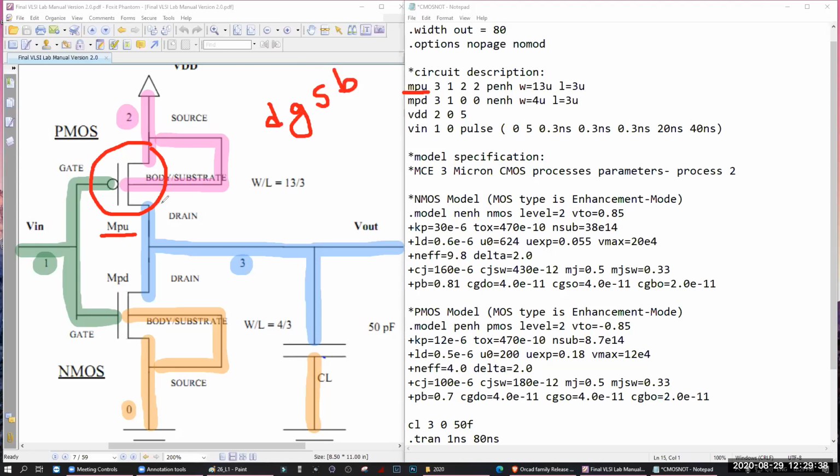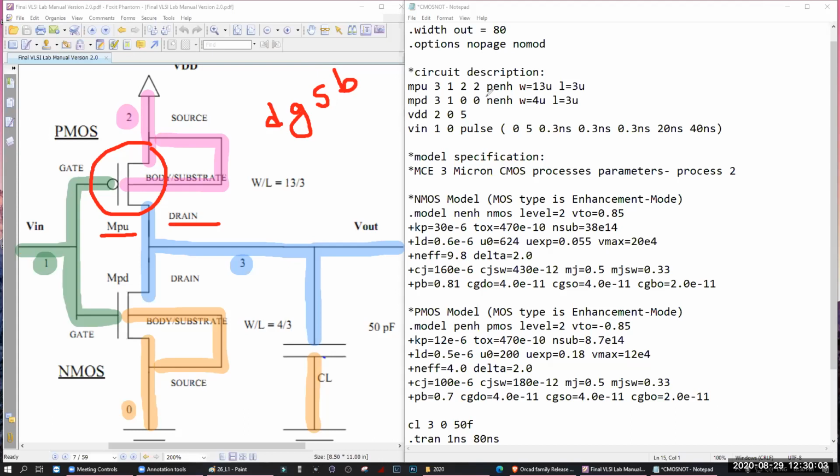Where is the drain connected? Which node is it? 3, right? Where is the gate? The green color, 1. Where is the source? 2, pink color, 2. Where is the body? The body is also 2. That's why it is 3, 1, 2, 2. Understand?